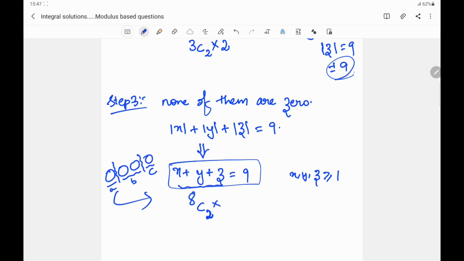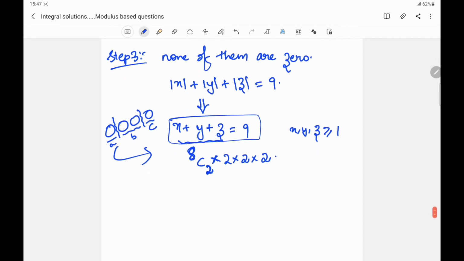Now after finding the integral solutions, because x can take both positive and negative values, I'll have to multiply it with 2, and similarly y and z can also take positive and negative, again another 2.